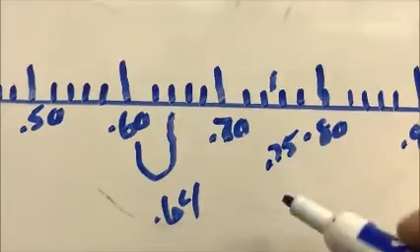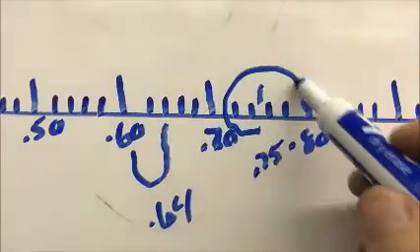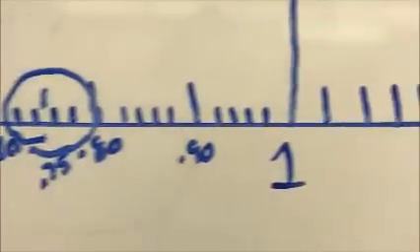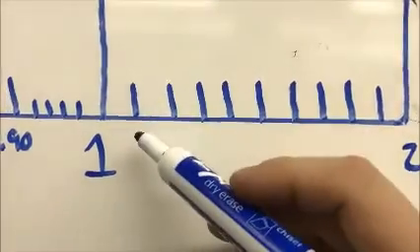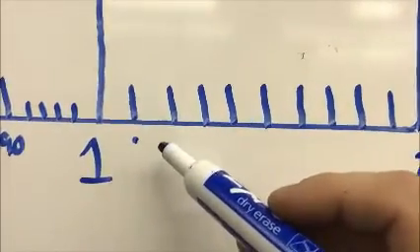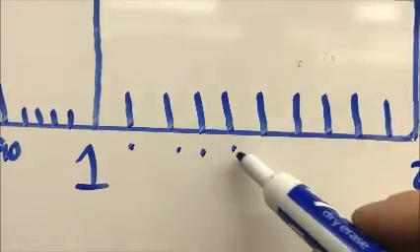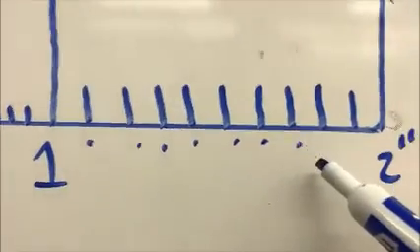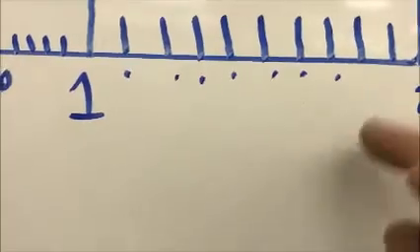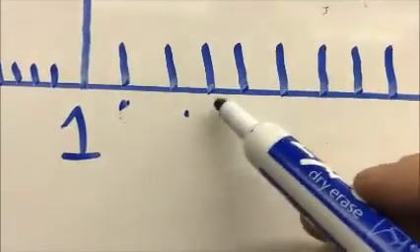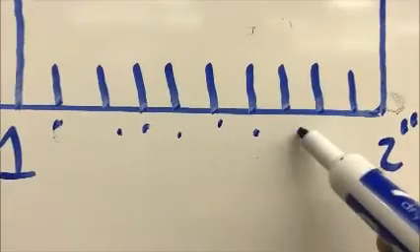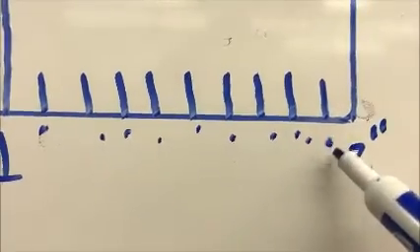Sometimes we don't have all these small lines though. Let's come over here. In between 1 and 2, we don't have them. We've got 0.1, 0.2, 0.3, 0.4, 0.5, 0.6, 0.8. Oh, hold on, I've got too many lines. 10, 20, 30, 40, 50, 60, 70, 80, 90.